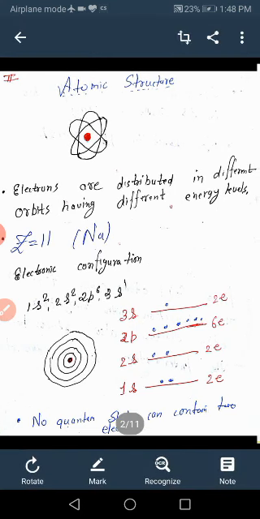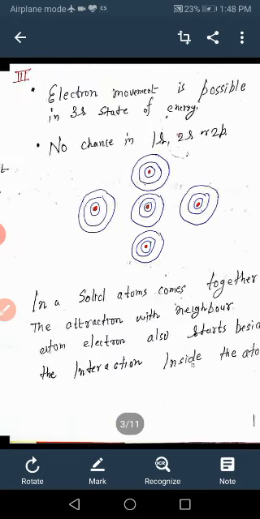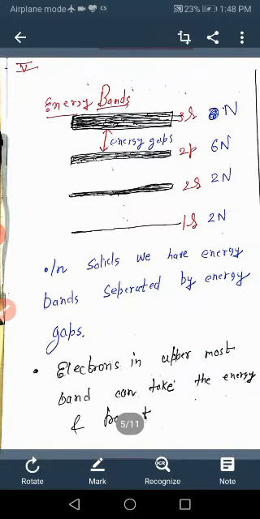So we have a very large number of atoms which are forming the solid. So here we have very sharp energy levels, but when the interaction takes place, these energy levels change, and we call these energy levels energy bands.